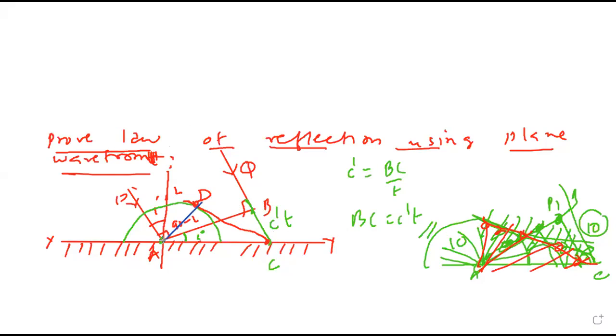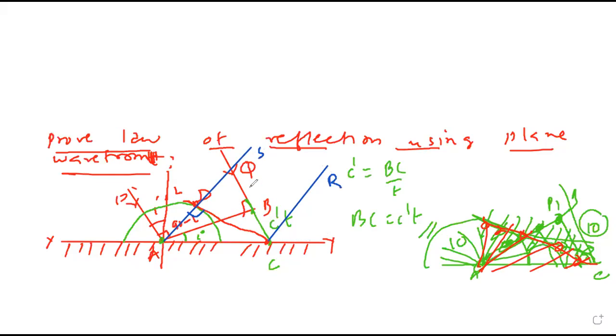So if you extend this AD and draw a parallel to AD here, then I can say that they are reflected rays DS and CR.